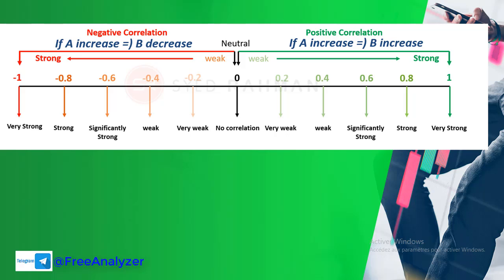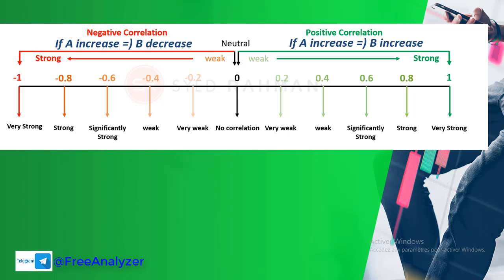So we can see here that we have two types of correlation. Negative correlation: for example, if A increases, B will decrease. And positive correlation: if A is increasing, B will also be increasing.